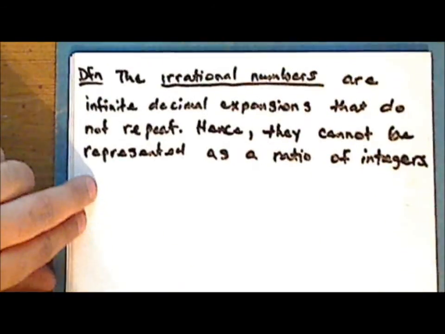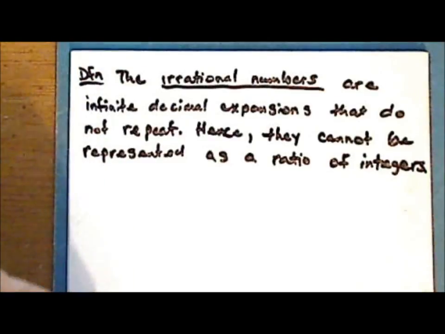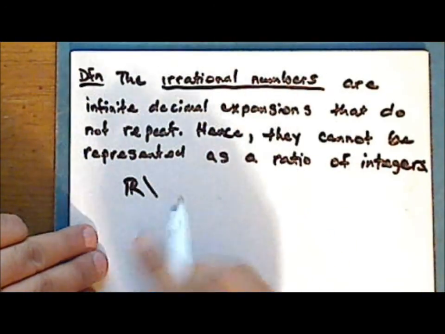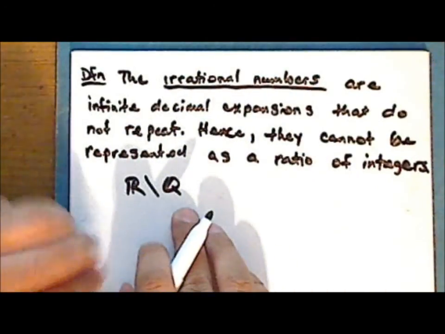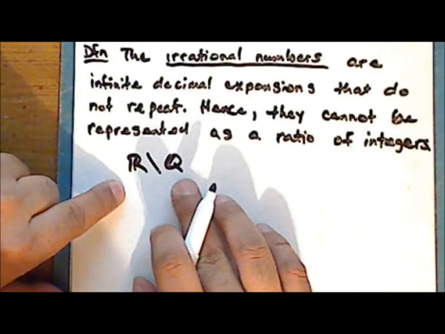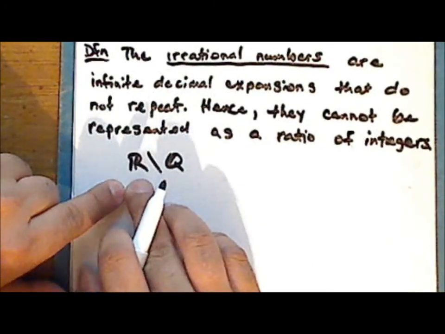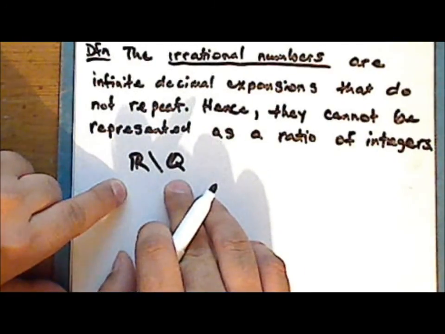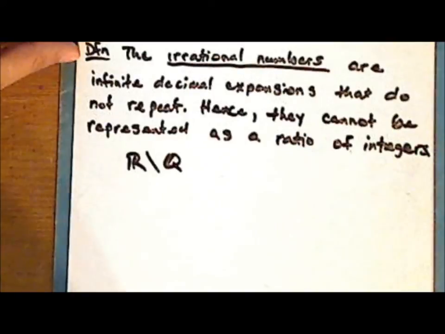The symbol for the irrational numbers is the set of real numbers set minus the set of rational numbers, that is the complement of the rational numbers in the set of reals. So in other words, if we take the entire set of real numbers and we eliminate all the rational numbers, that are the numbers that can be expressed as ratios of integers, then we are left with the irrational numbers.